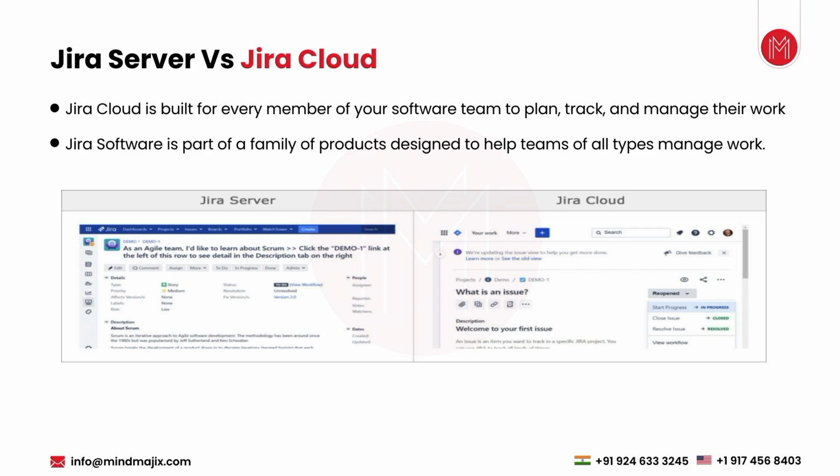Jira cloud is built for every one of your software teams to plan, track and manage work, whereas Jira software or Jira server is part of a family of products designed to help all types of teams manage work. So you can see we have a server and we have a cloud. Nothing much difference. It's just that a server is based upon a company server, but cloud is something which is readily available for everyone.